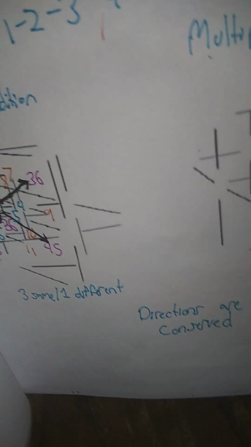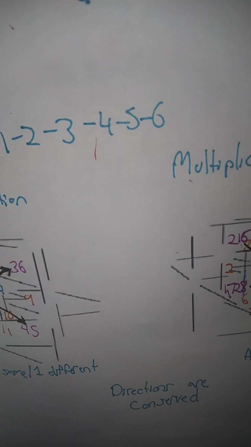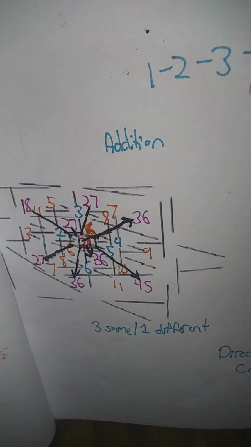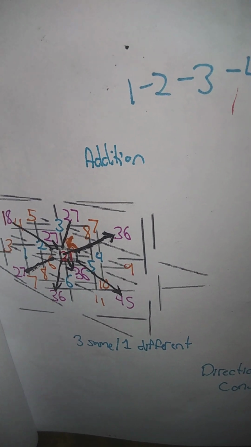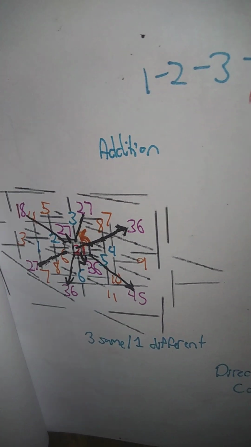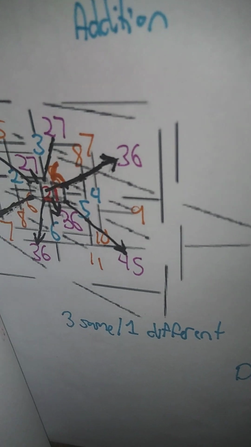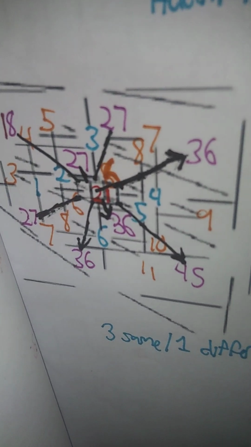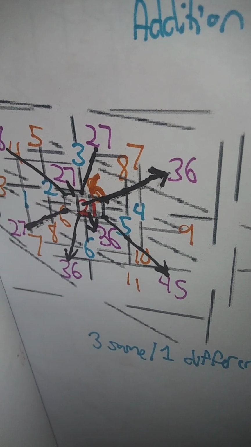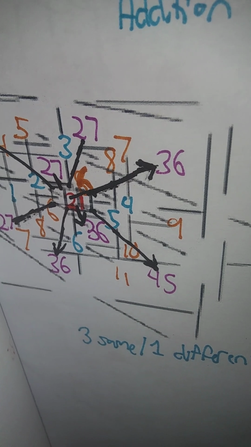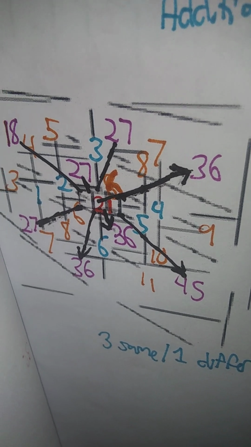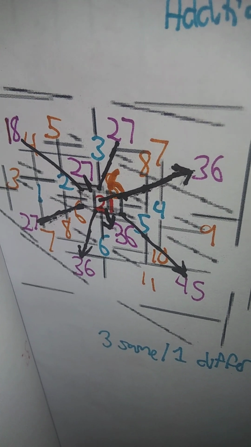Then I went to 1 2 3 4 5 6 wrapping around the addition and multiplication cube. In addition, 3 are the same and 1 is different: 27, 36 are all the same, and 18 to 45 going down are different.